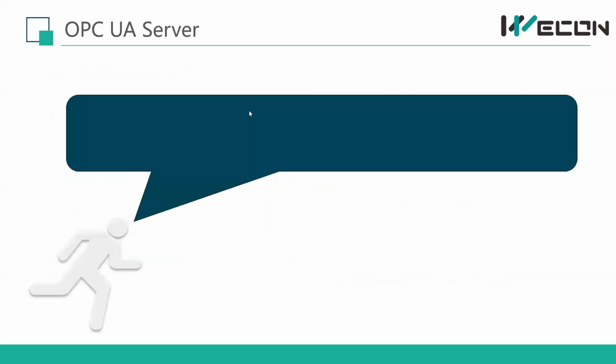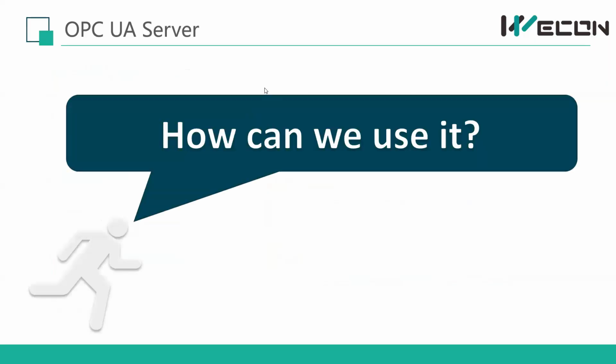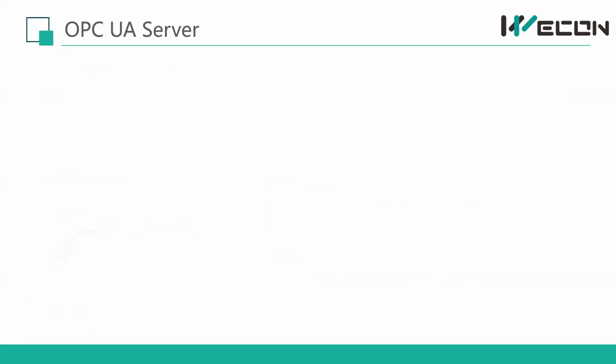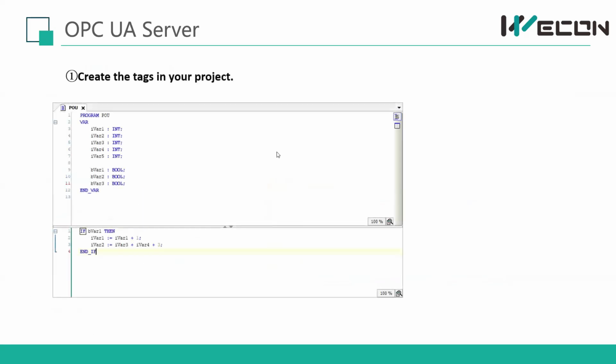Okay, so let's begin the second part. How can we use it? First, we need to create the tags in our project. This is the first step about our communication. Create your own project and create the tags just like any other project.